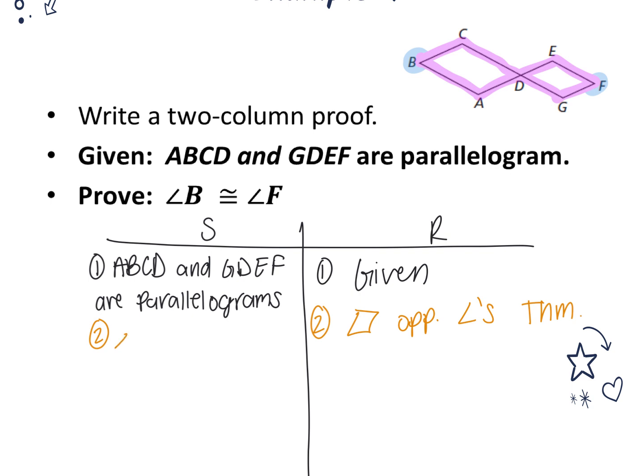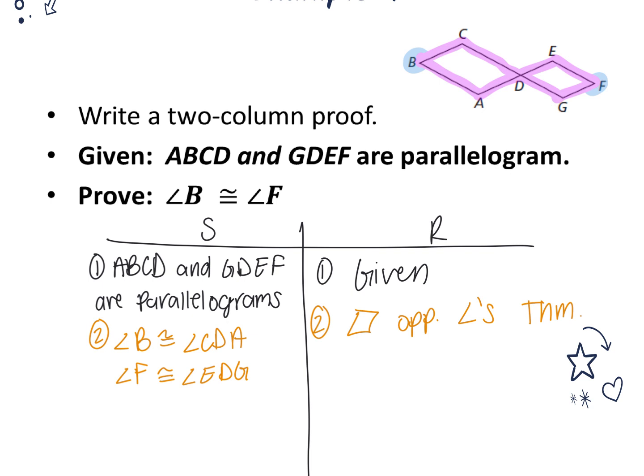I know that angle B is going to be congruent to angle CDA, and angle F is congruent to angle EDG. Is everybody following? No. Okay, you have to go back to opposite angles theorem.